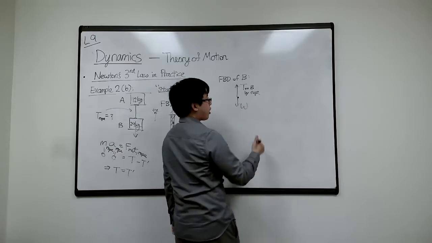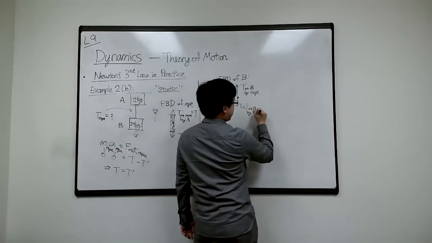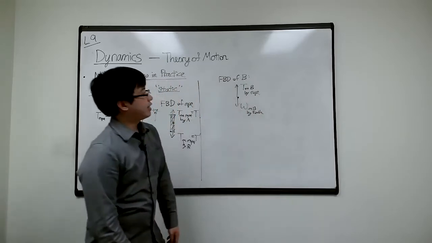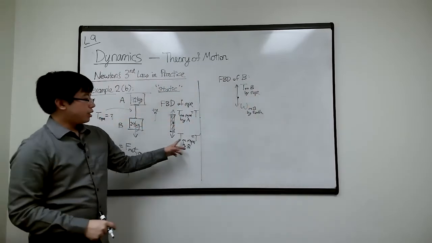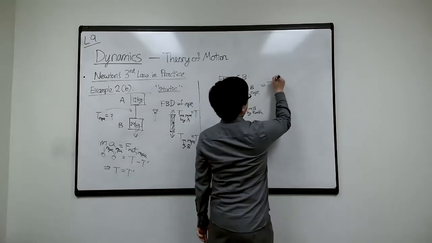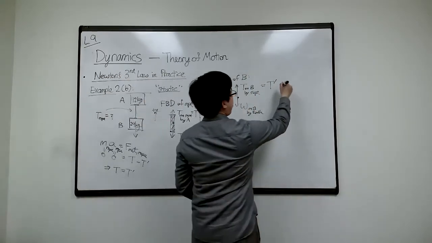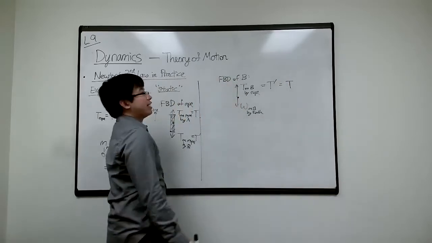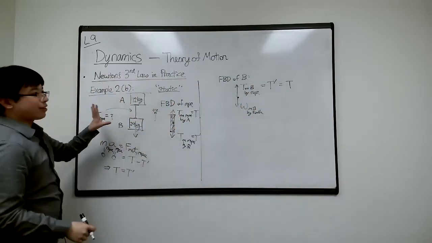The other non-contact force is the weight on B by Earth, right? It's gravity, right? So we notice this is tension on rope by B, tension on B by rope. This is Newton's third law, so this is the same as T prime, but by second law, this is also the same as T. Okay, so different things going on, but that's okay.